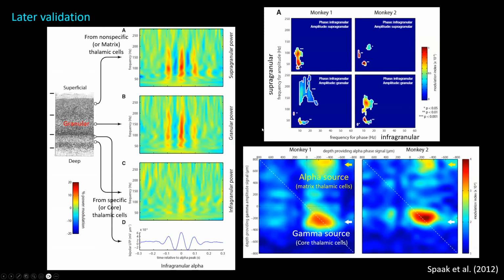This finding was later validated in this way. This is only one of the studies that have a validation effect. There may be other good studies which I missed, but this is another laminar structure recording, and this is from the superficial, and this is from the deep layers.